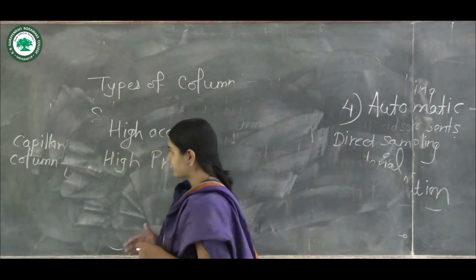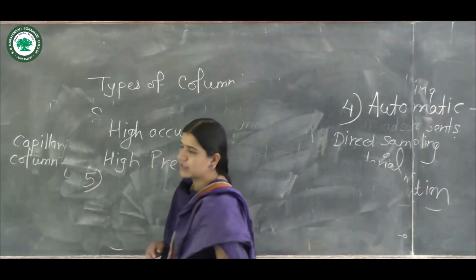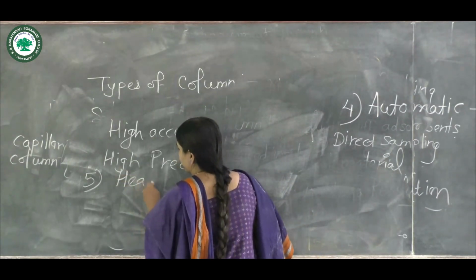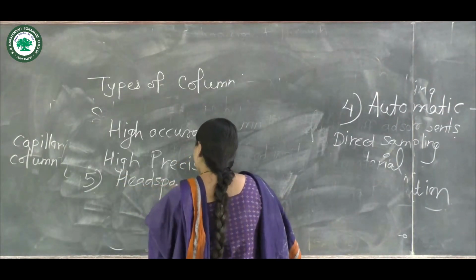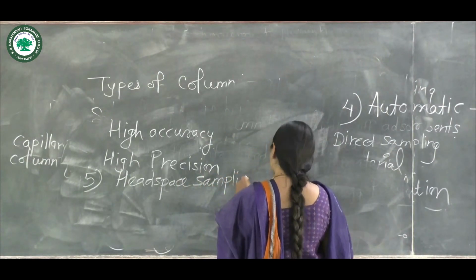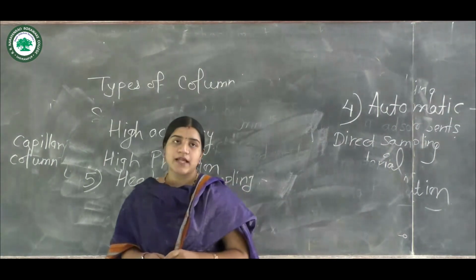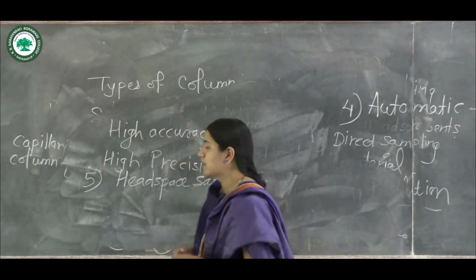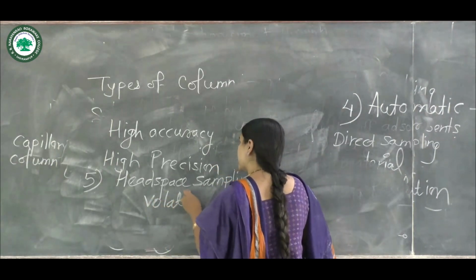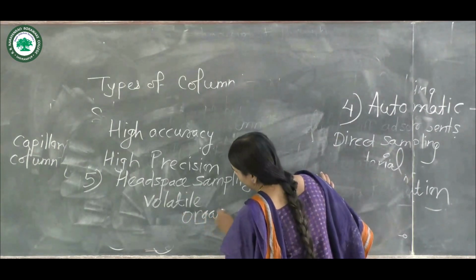Now the last type of sampling that we are using is headspace sampling. This type of sampling we use for the analysis of volatile compounds, especially organic compounds.